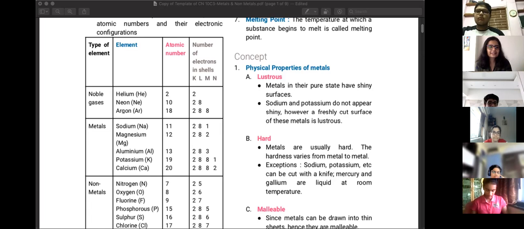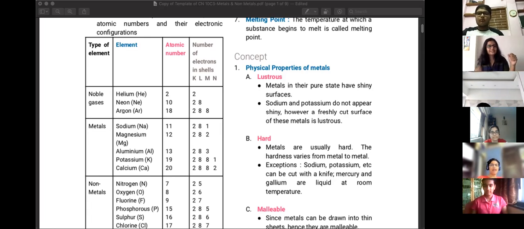Even as kids, if anybody has taken a spoon and a plate and started hitting it, that is also sonorous. Yes, sonority.